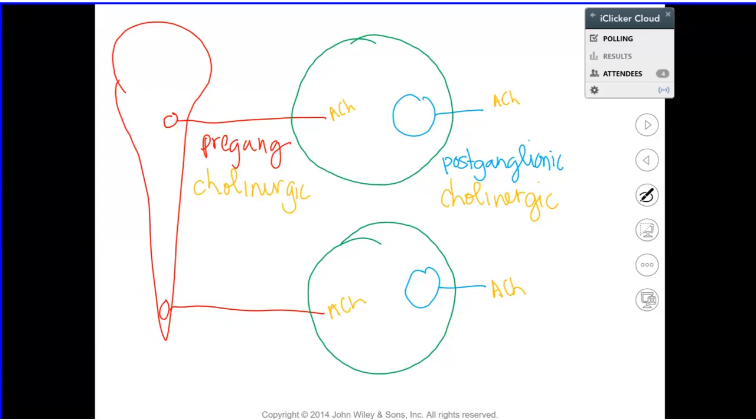Now, in this parasympathetic system, the ganglion are going to be found at the end of the pathway. So even though there's two neurons, it's still going to be found at the end of the pathway. What's another word for end that we keep bringing up throughout this semester? If you have a really bad disease and you know it's going to end your life, we call it a what disease? Okay. These ganglion are known as terminal ganglion.